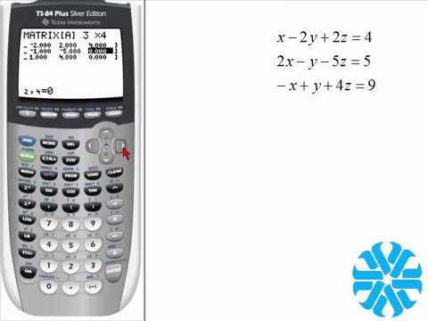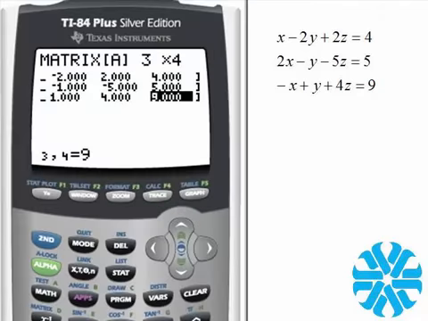So we need to move over and change this to 5. Select enter. And this value is okay, this value is okay, and this value is okay. Remember, these are all okay because we did this in the video matrix dimensioning and editing. So let's move over and input 9. Select enter. Okay.